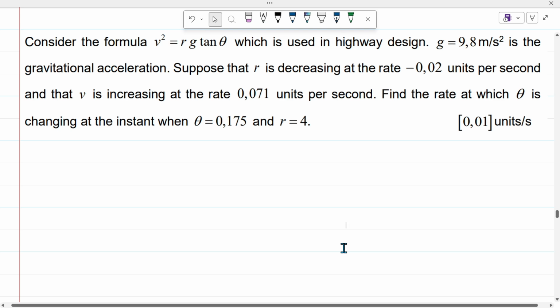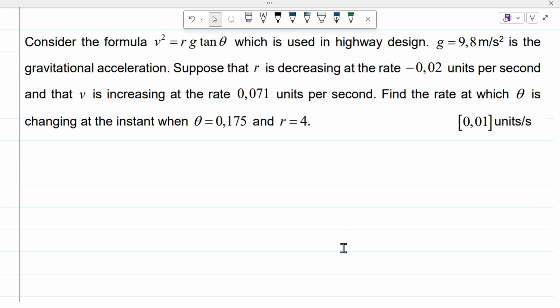So yeah, now we have v squared equals rg tan theta, which is used in highway design, and g equals 9.8 meters per second squared. So that's the gravitational acceleration.